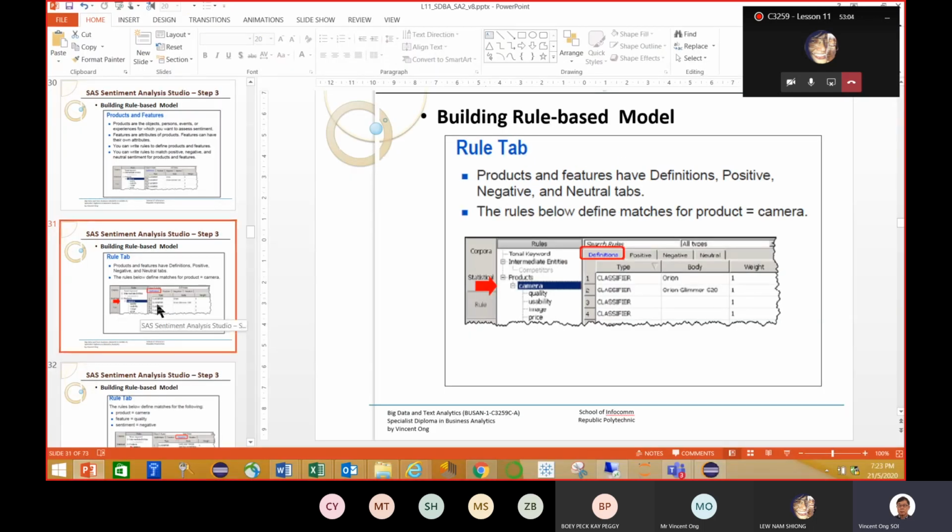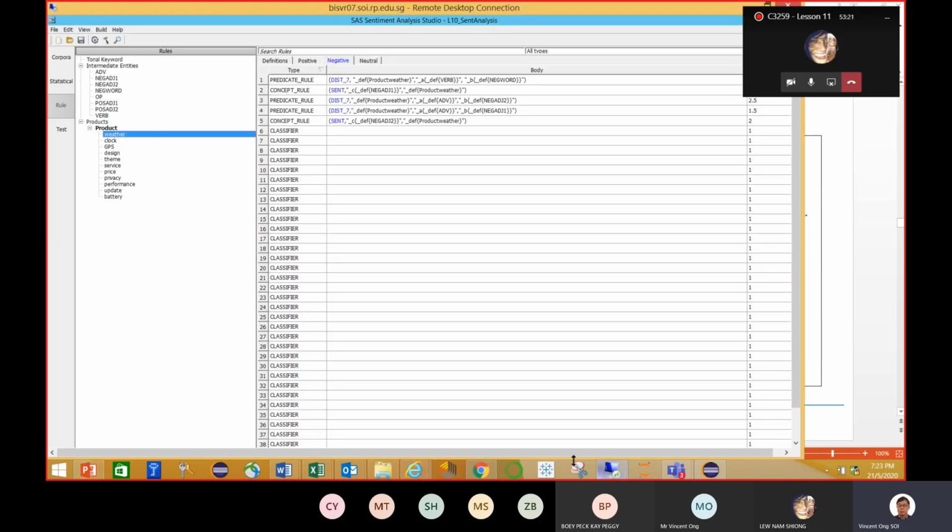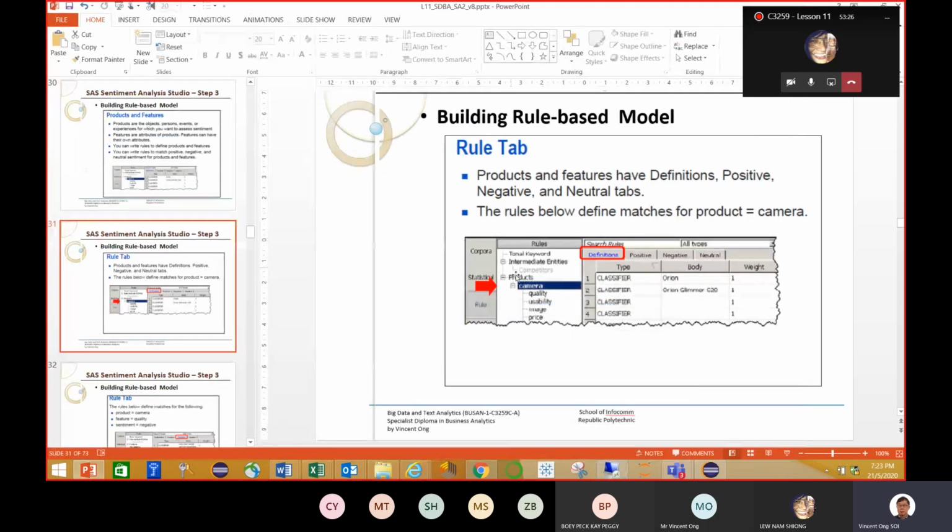What we are trying to do here is, the computer is very dumb. We must tell the software, when you see a camera, watch out for this. But you must tell them the definition of camera. So we are defining the camera for the software to detect. Whenever they meet Orion in the text, they know that this refers to the camera.